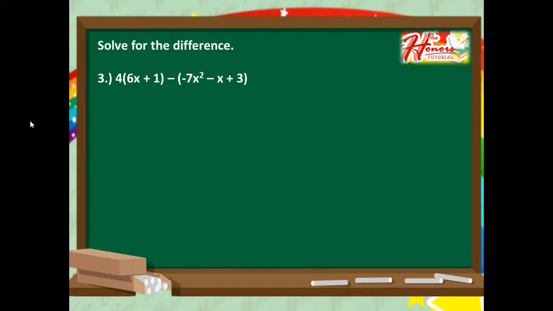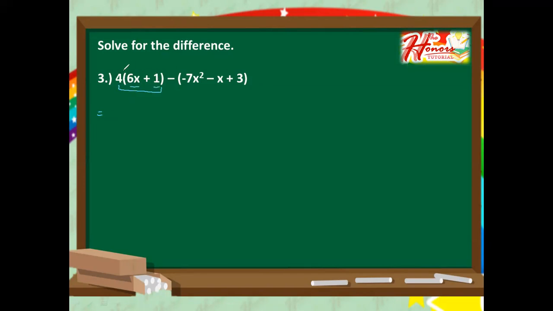How are we going to solve for it? Simply solve first this equation. Meaning you have to distribute 4 to each of the terms inside the parentheses.